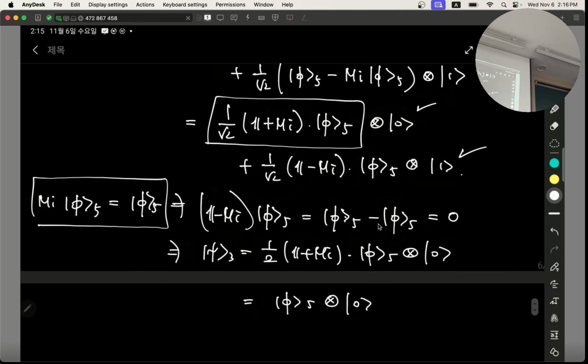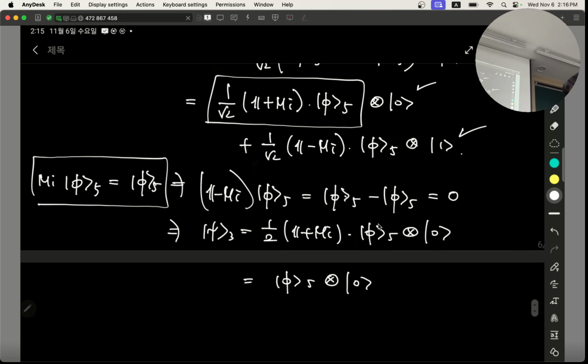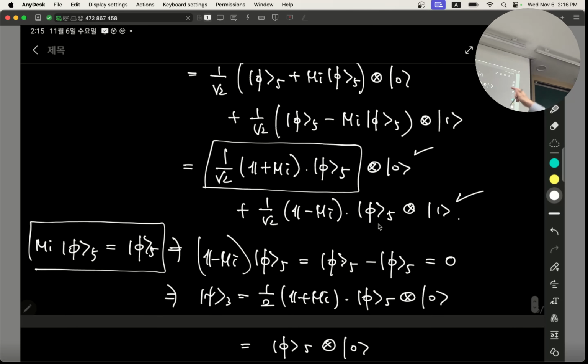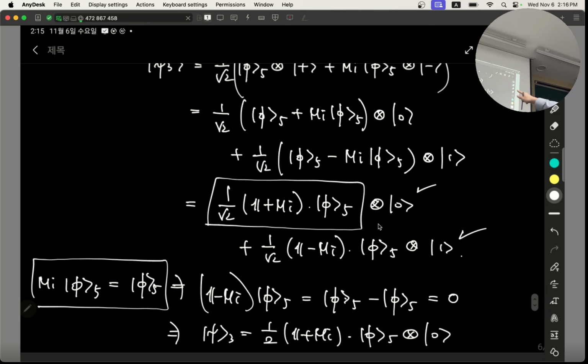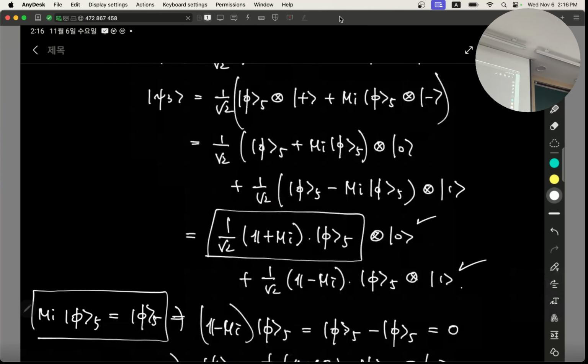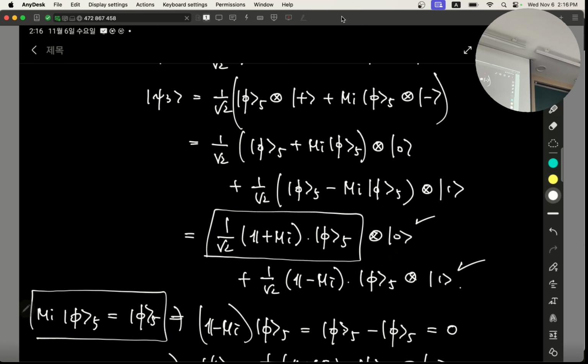Where is it? I think it's lagging. If psi3, which part did I miss? Oh, okay. So there is a 1 over square root of 2 here. So this whole thing is 1 over 2.